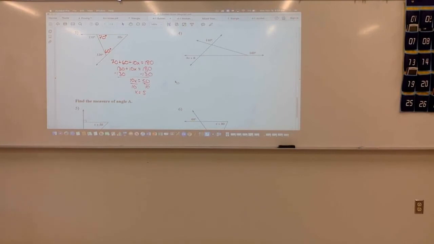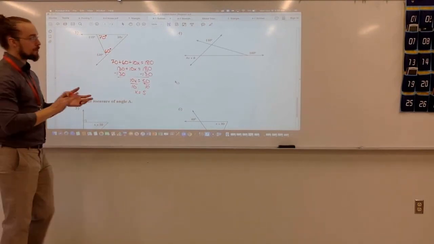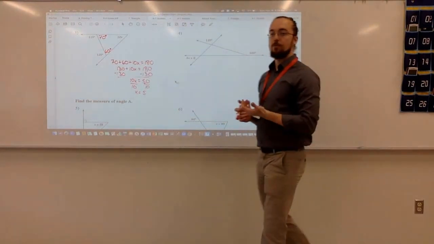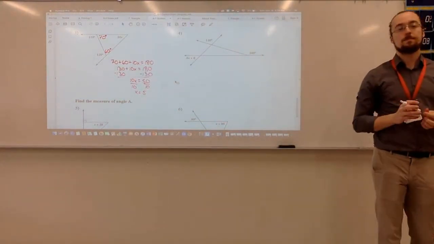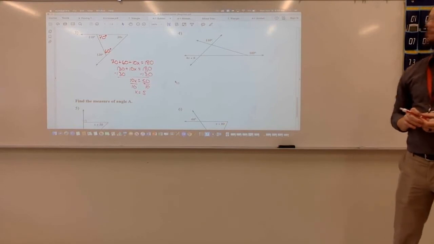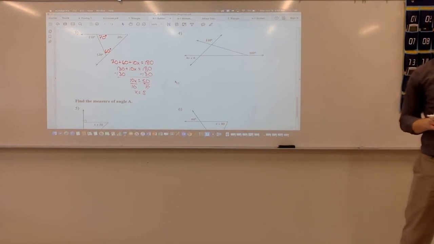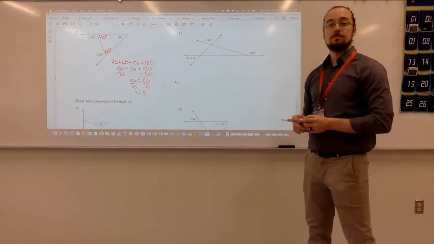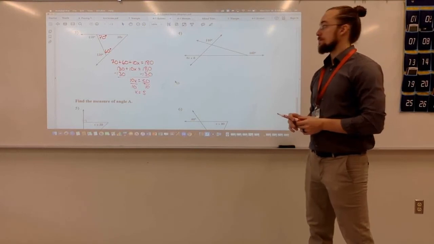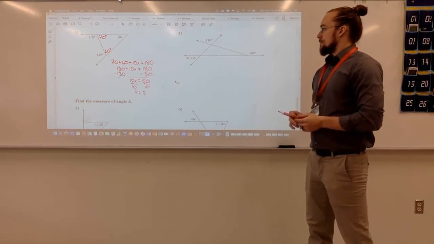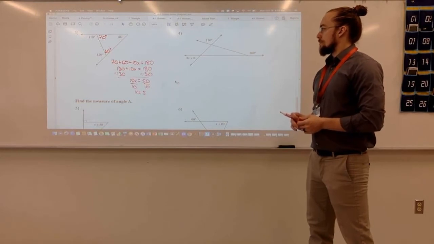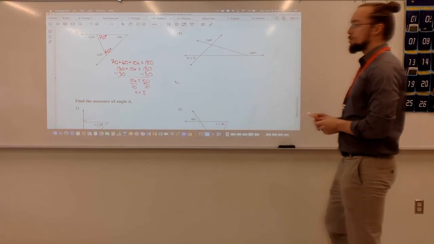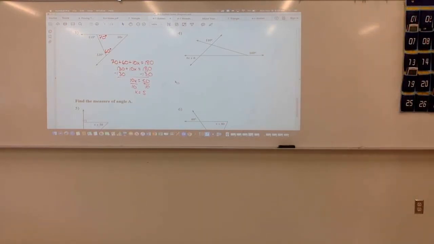So, questions about that one? Okay, and number 4 is similar, but there are a few differences. How'd you do it? I did 10x plus 110 plus 120 equals 180.